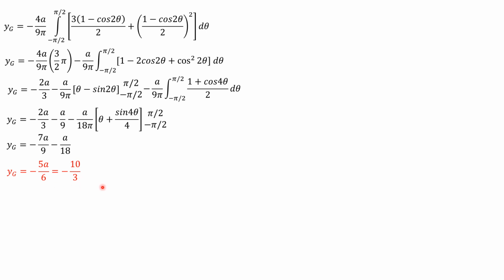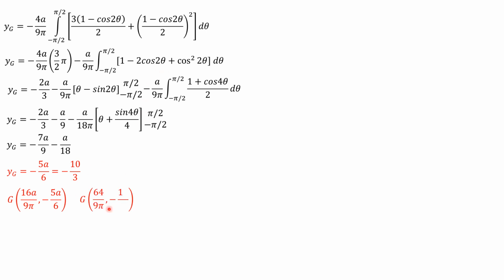So in general, the location of the centroid of the right half of the cardioid is, if you can recall, in general, 16a over 9 pi, comma, negative 5/6a, and specifically in this problem, 16 times 4, 64 over 9 pi, comma, negative 10/3.